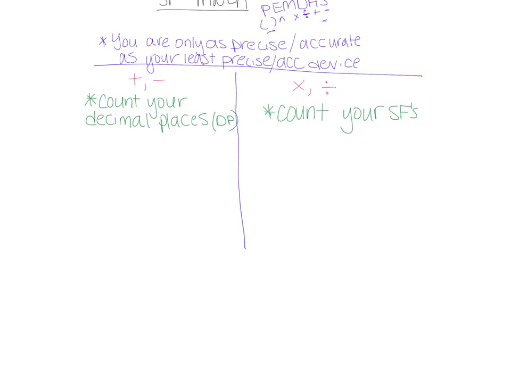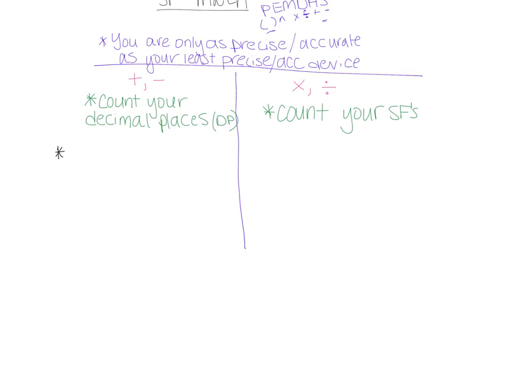The next thing, both of these are going to sound really similar, okay? They have to do with after you've counted them, your answer should reflect the smallest of either one, okay?